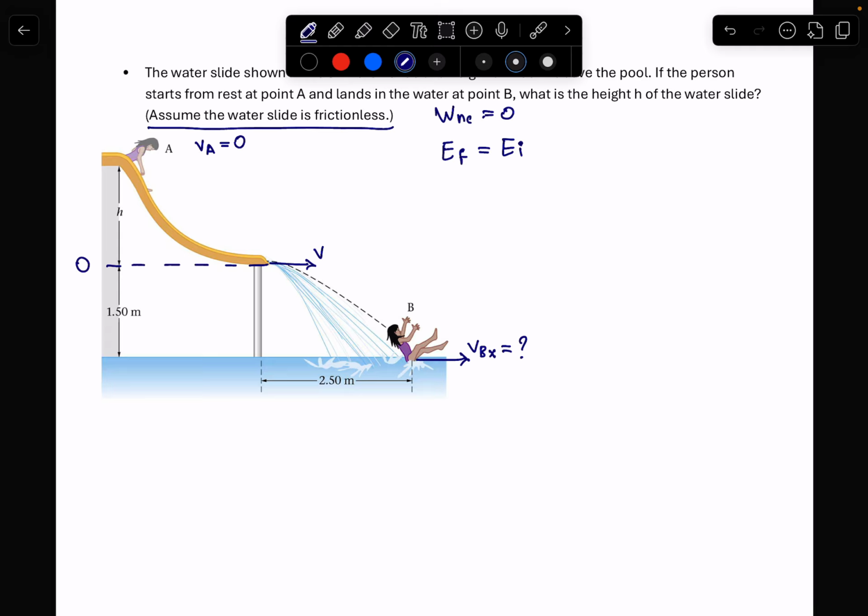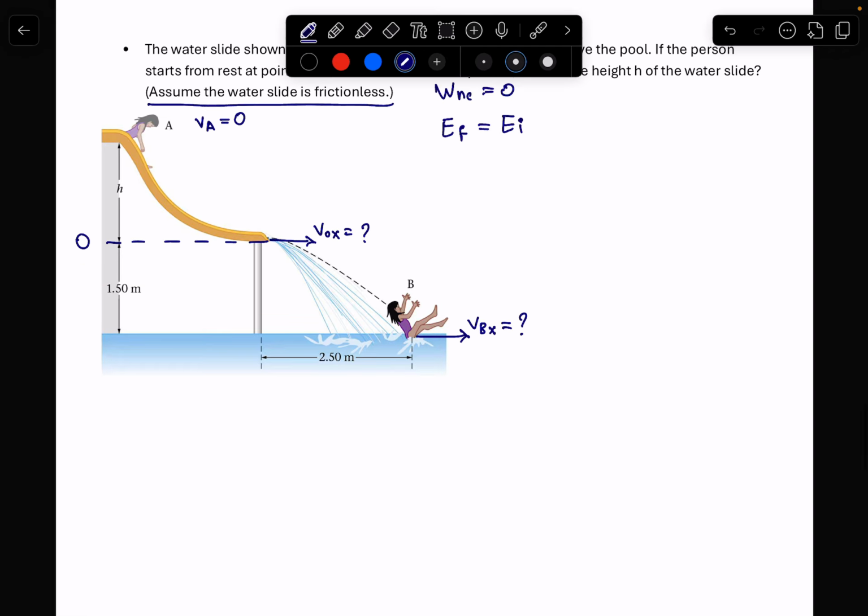Let me call this O. So VOX is equal to, again, I don't know the value. But one thing I definitely know is VBX is equal to VOX. It becomes a projectile motion problem from O to B. Right?